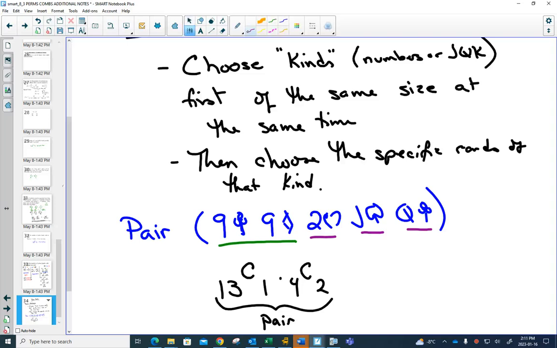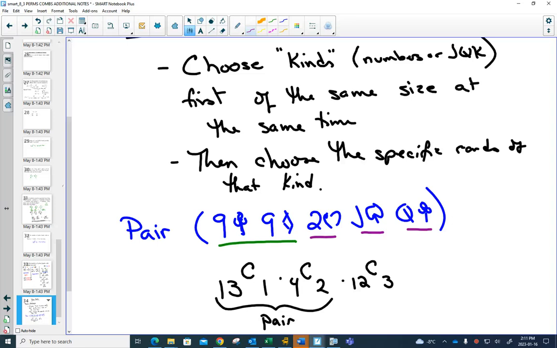Next, I have to choose 3 single cards. I have 12 kinds left. Since these are all the same size, I need to choose them all at the same time. 12 choose 3. That chooses my 2s, jacks, and queens. But I could have chosen jack, 2, and queen. That would be exactly the same.